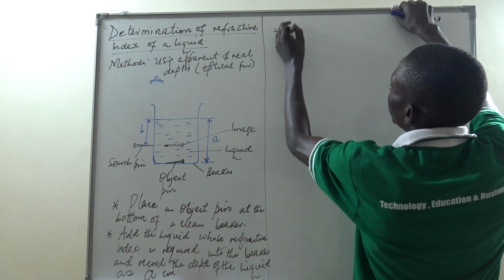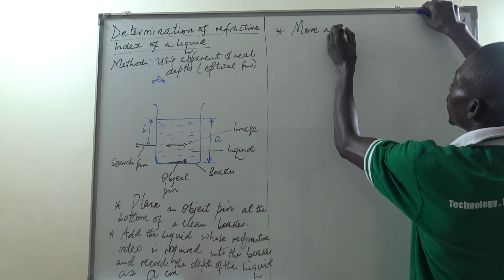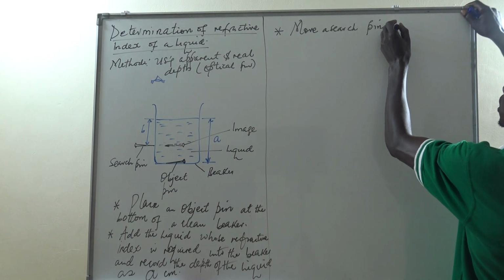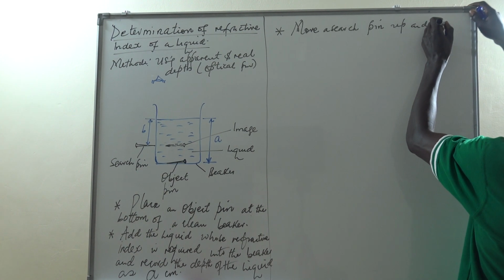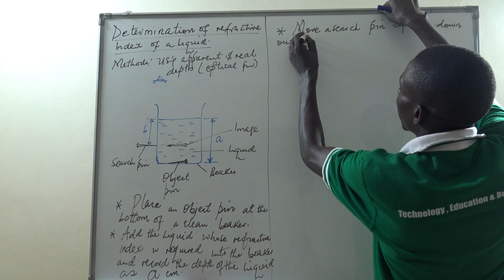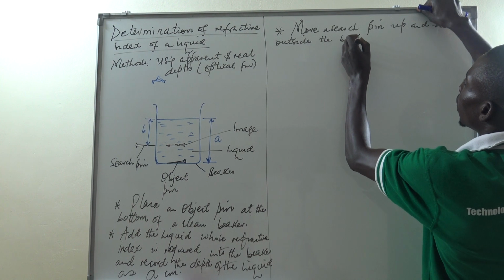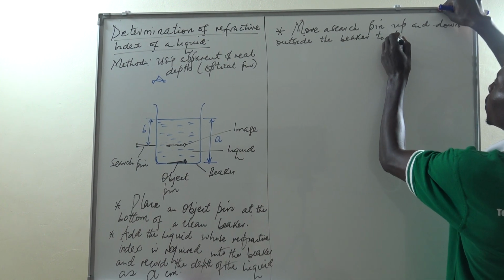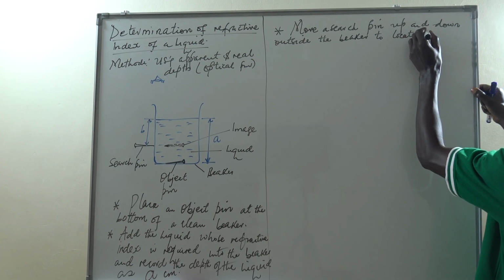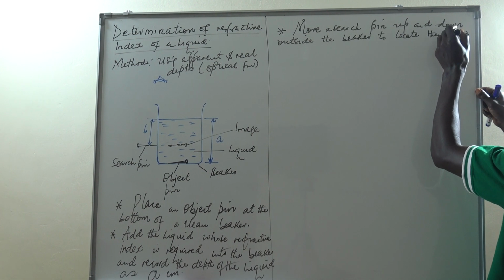And now we say, move a search pin up and down outside the beaker to locate the position of the image of the object pin.